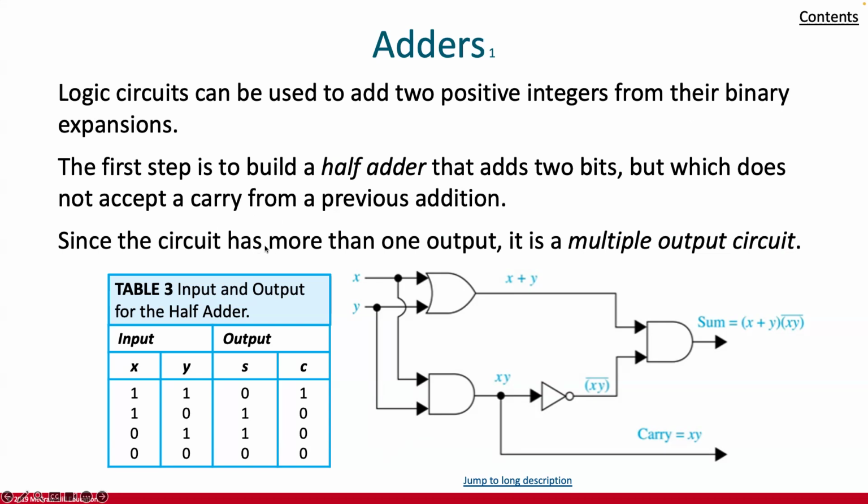Since the circuit has more than one output, it is a multiple output circuit. If you add 1 plus 1, you actually get 1, 0, which includes a carryover. And that's what we're showing here: 1 plus 1 equals 1, 0. The regular output is 0.